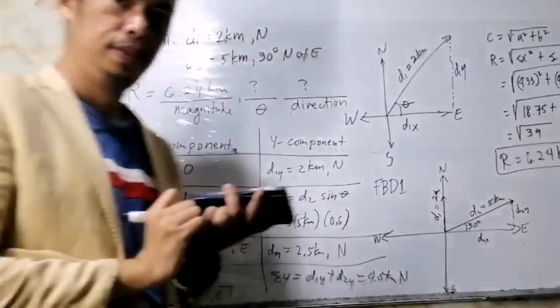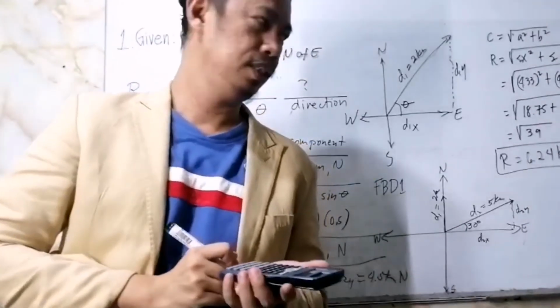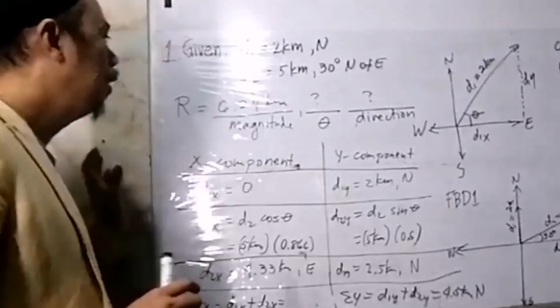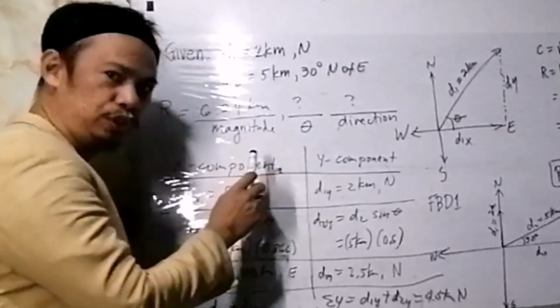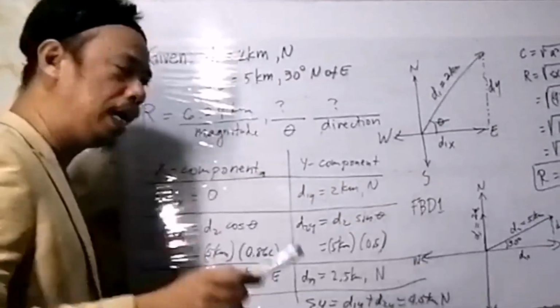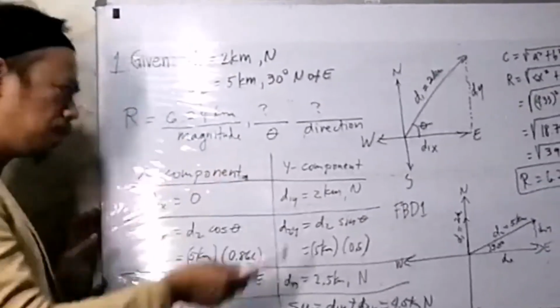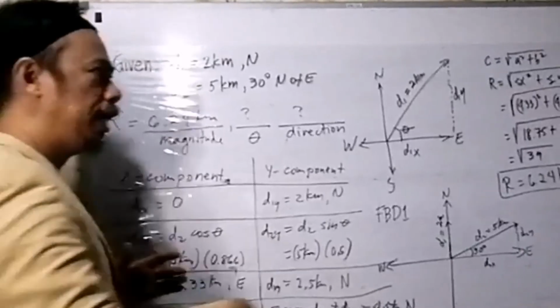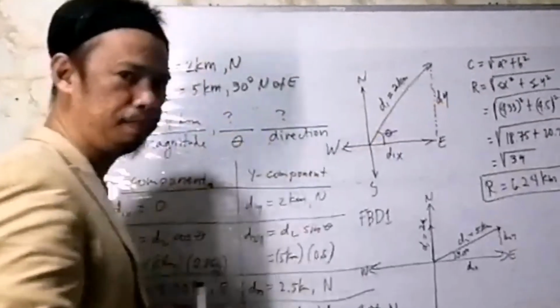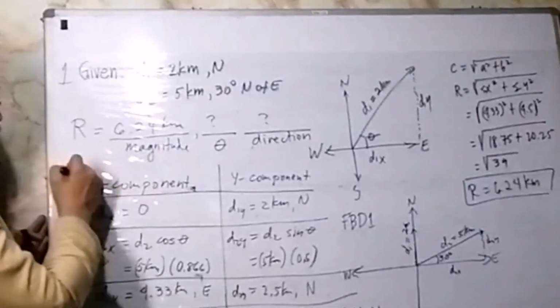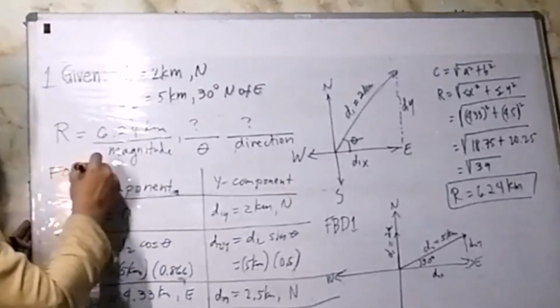Okay? Do you have any questions, guys? Okay? So, this is our magnitude. So, we get the value of magnitude by getting the x component, y component, and the Pythagorean theorem. Okay? So, this is now for magnitude.